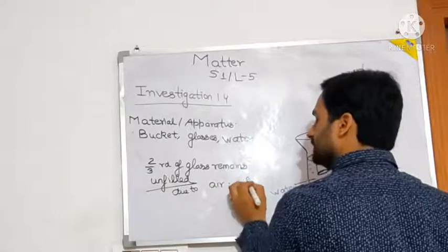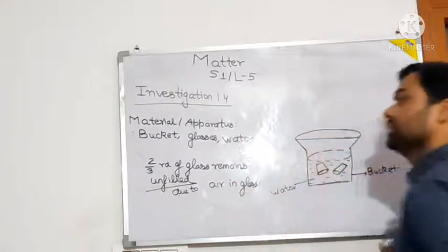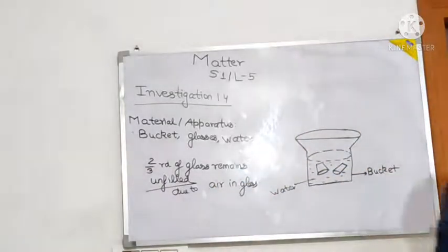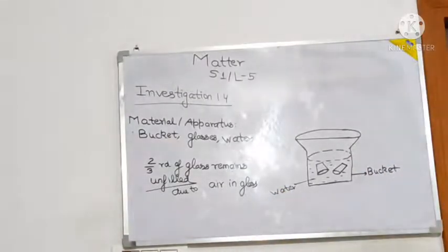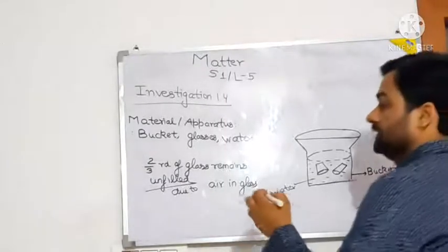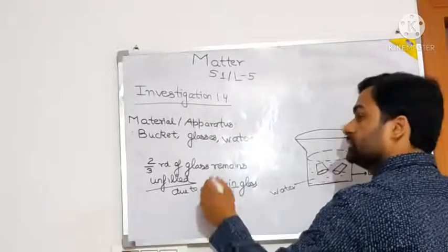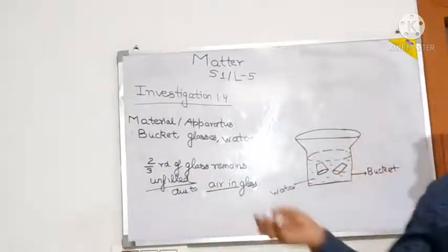Air in glass. So there is already air in the glass. Because of air already being there in the glass, the glass is not completely filled. So what happens then? Due to air in the glass already being there, that is why the glass is not completely filled.